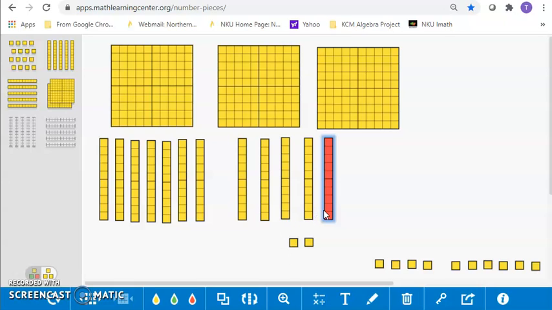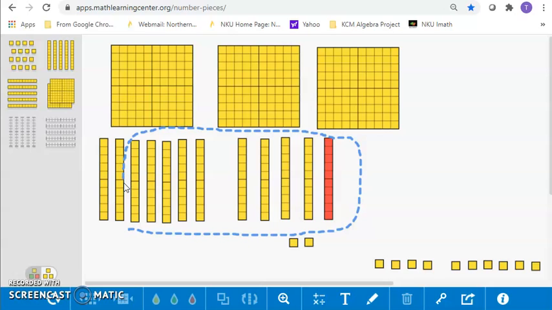We know that 10 longs equal 1 flat. So if I take 10 of these longs, so 1, 2, 3, 4, 5, we include the one we traded, so we'll trade that one back. 6, 7, 8, 9, 10, that would be these 10 longs right there.